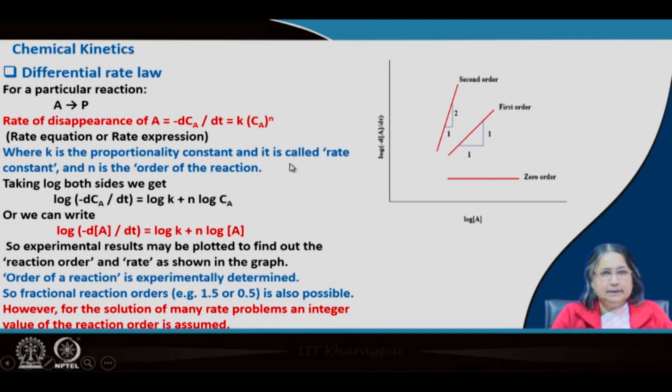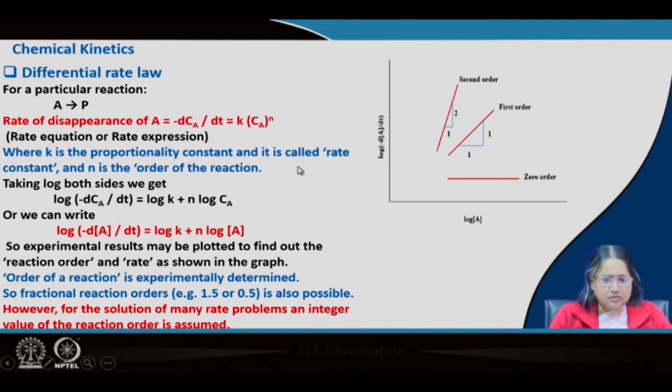This is something like the equilibrium constant. The equilibrium constant does not depend on the concentration, that we have already learned. This also does not depend on the concentration. It depends on the temperature, but not on the concentration.